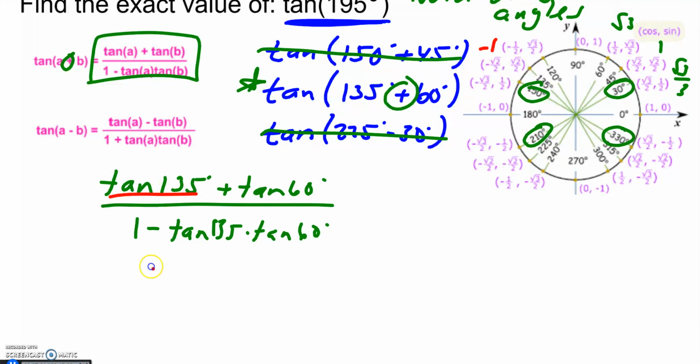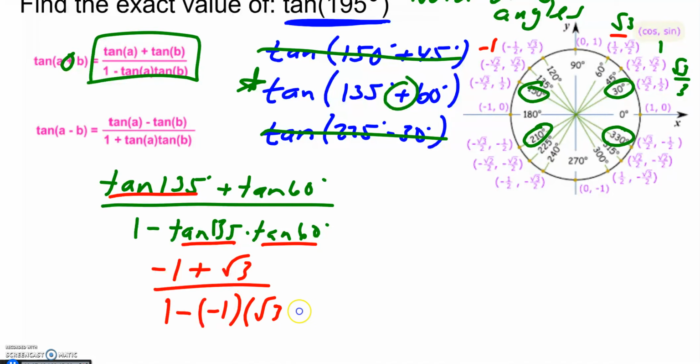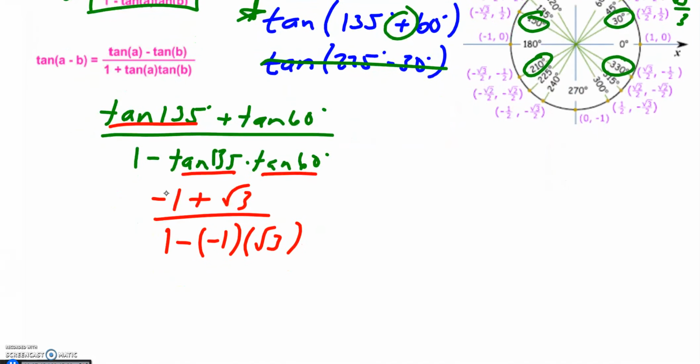So this is replaced with -1 plus the tangent of 60 degrees, which is root 3, over 1 minus tangent of 135, which we already found as -1, times the tangent of 60, which is still root 3. So this becomes -1 plus root 3 over 1 plus root 3, because negative times negative is positive.